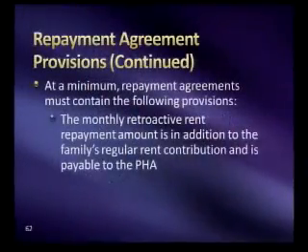Because basically, the family needs to be informed that in accordance with your lease or in accordance with the Section 8 information packet that you were given with respect to tenant obligations, yada, yada, yada, you are non-compliant. So that's number one. Number two, the monthly retroactive rent repayment amount is in addition to the regularly scheduled amount, okay?